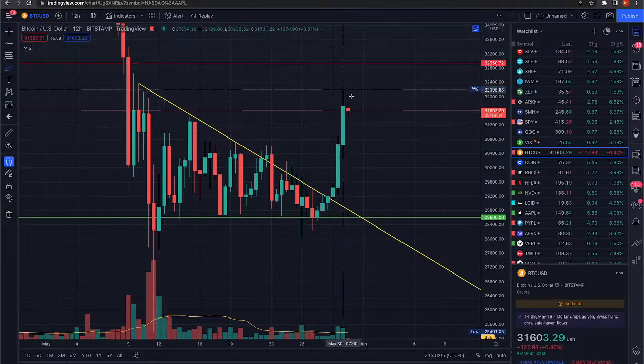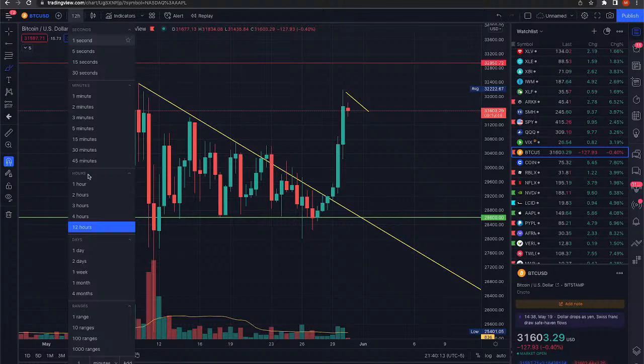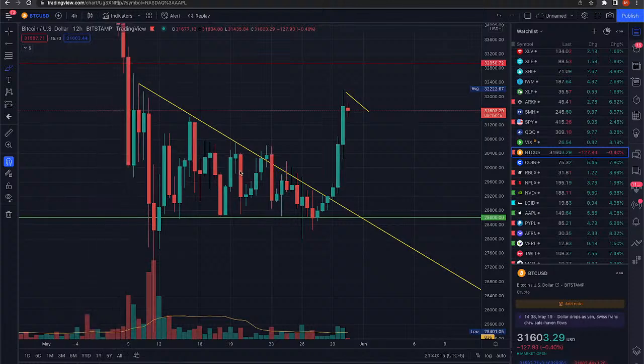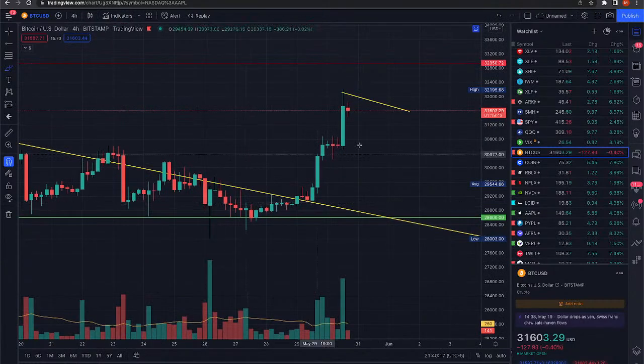All right, so it might pull back tomorrow, maybe a bull flag. And maybe if we looked at this on the 4-hour. So yeah, you see here, 4-hour. Check that out. On the 4-hour, we had a little consolidation, boom, broke up. So that's what I'm trying to look at, the 4-hour.